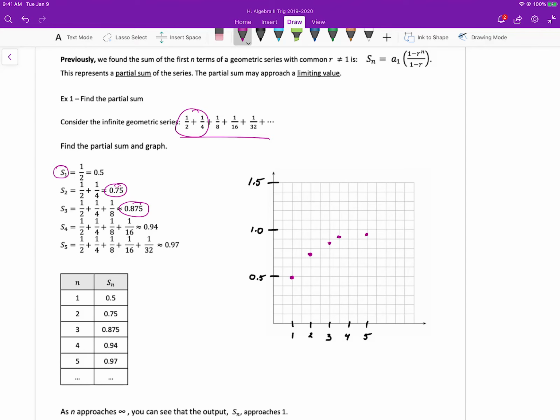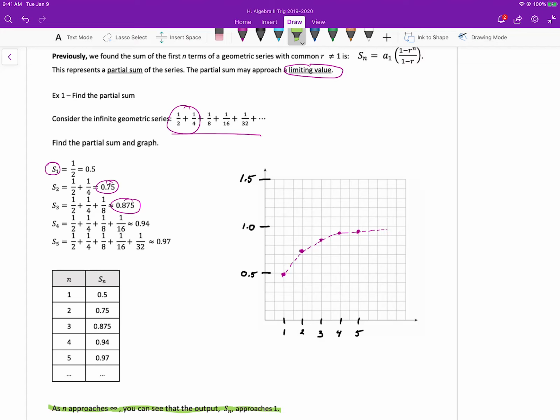So in the regular way we would speak, this series is never going to end. It goes on and on and on. It's infinite. But we can still add up those terms, because if you think about them, these fractions are getting smaller and smaller. So we're going to keep adding them on, and this is going to approach 1, and we can see that from the graph.